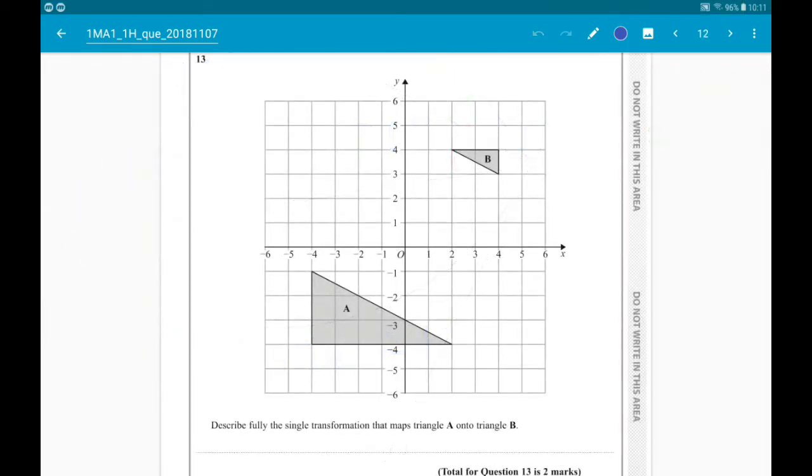Okay, number 13, we want to describe fully the single transformation which maps triangle A onto triangle B. Okay, so we can see triangle A has got smaller and turned around. So it's going to be some sort of enlargement.